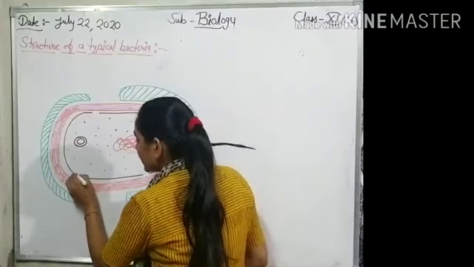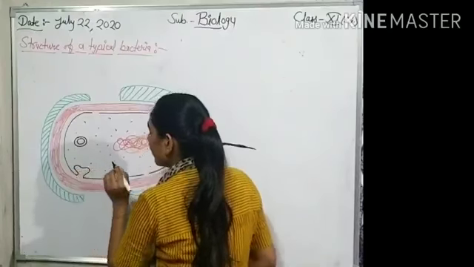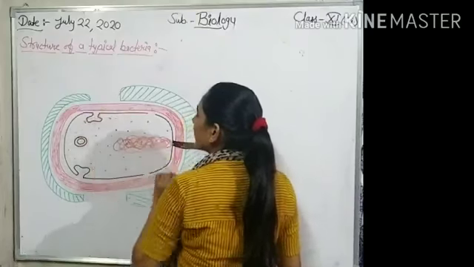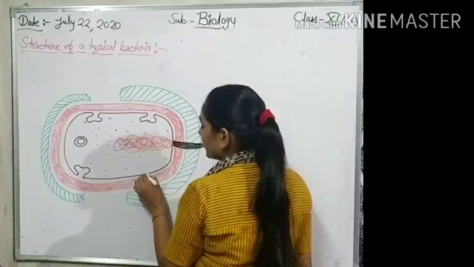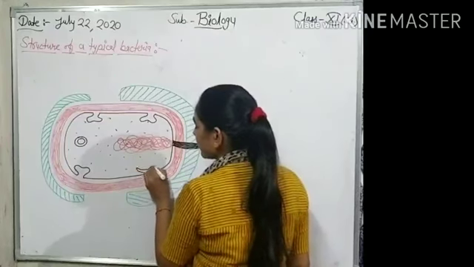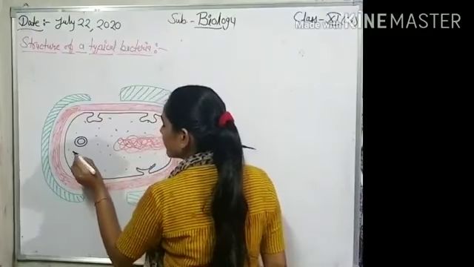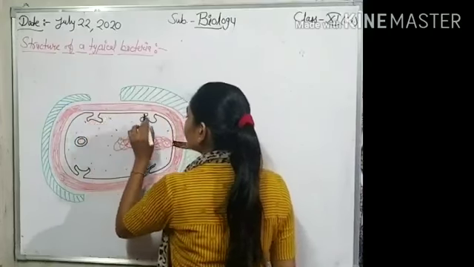The plasma membrane folds inside, forming a complex structure known as mesosome.